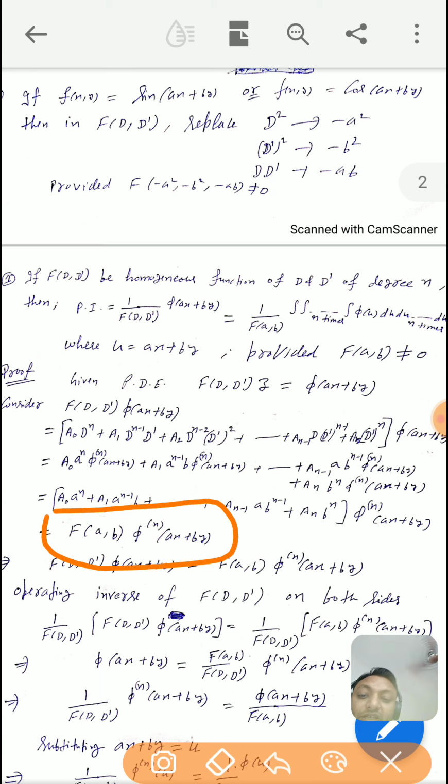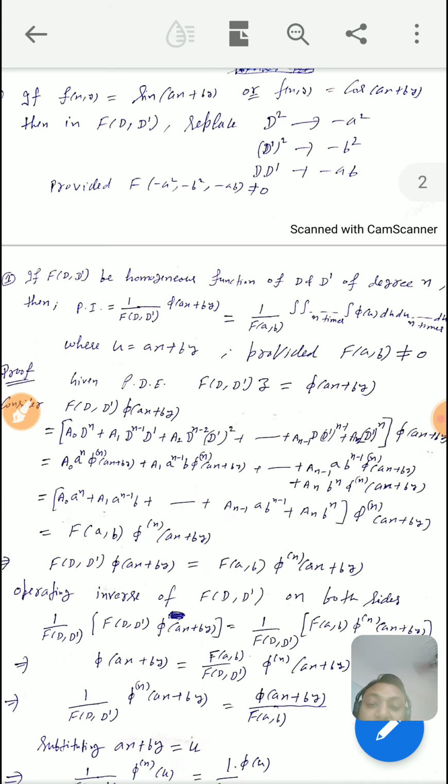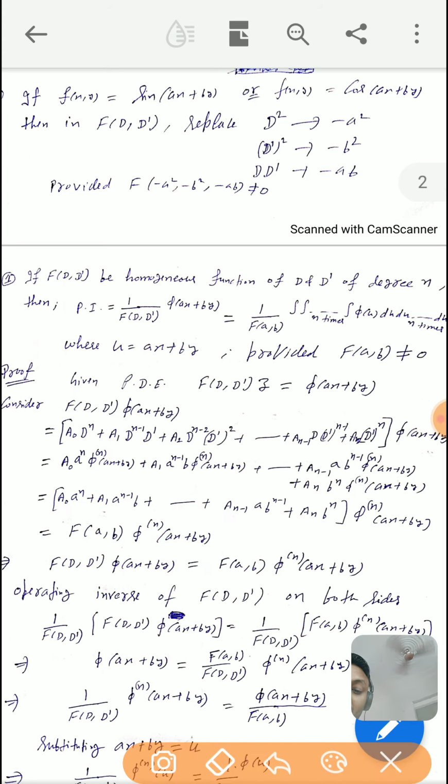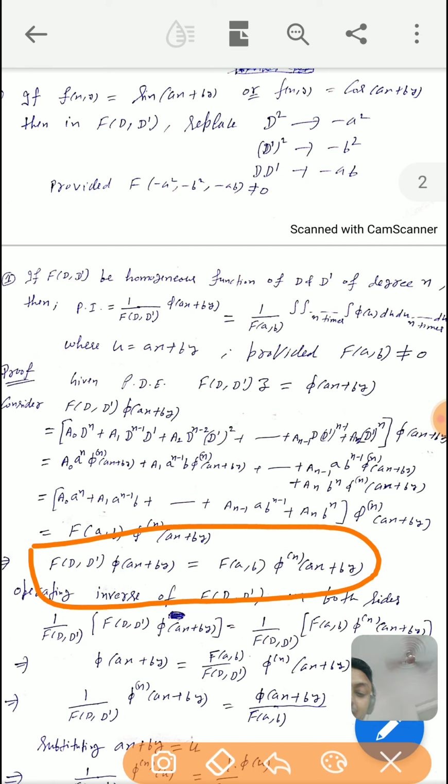So finally we get that f of D, D dash operating on phi of ax plus by is equal to f of a, b times the nth derivative of phi with respect to ax plus by. So finally we get this result.